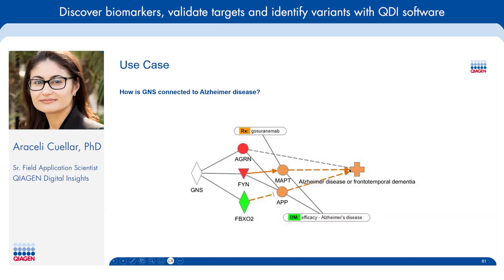In IPA, you're going to build a network and use activity prediction to take a look at what happens to the network and the disease of interest when targets are either upregulated, represented by the red coloring, or downregulated, represented by the green coloring. So let's go ahead and see how you can leverage IPA.